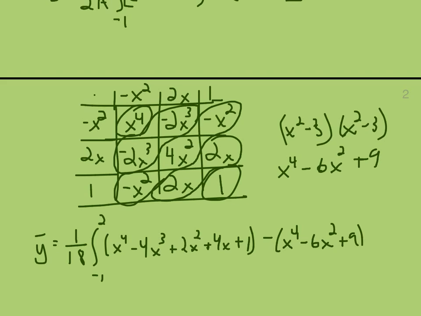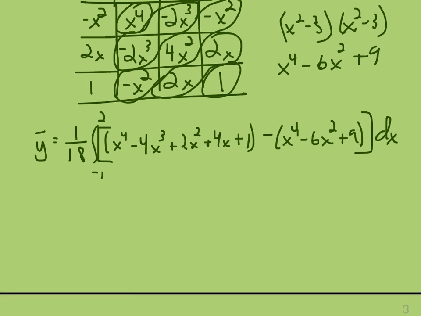Okay. And so we combine like terms before integrating, and we're integrating 1 over 18 from negative 1 to 2. Conveniently, our fourth degree terms cancel out.